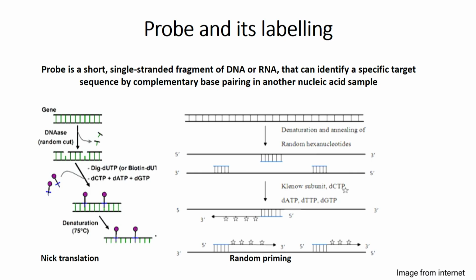When we say fluorescence, fluorescence means something that fluoresces, some chemical that absorbs light at non-visible wavelength and emits light in the visible wavelength. So that is fluorescence. That means a fluorochrome will be used which will absorb light, say, in the UV range, and which will emit light in the visible range.